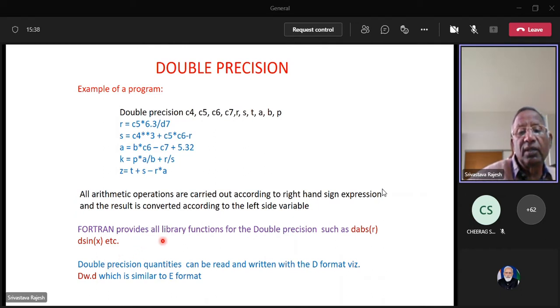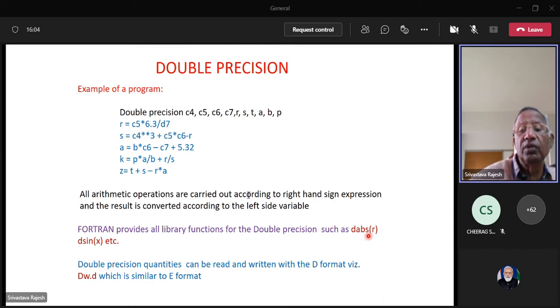Fortran provides library functions for double precision. So for all the built-in functions for double precision, if you want to do a square root, you write DSQRT and in the bracket something. If you want to take the absolute value, then DABS. In most cases, you put D in the beginning.